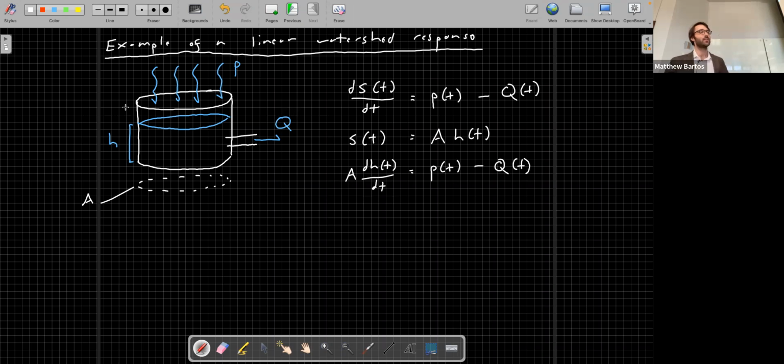And then we can assume that this Q is a linear function of the depth. So maybe we'll say that it's equal to K times H. So the outflow is proportional to the height of the water in the tank.